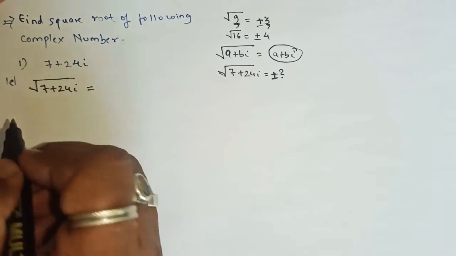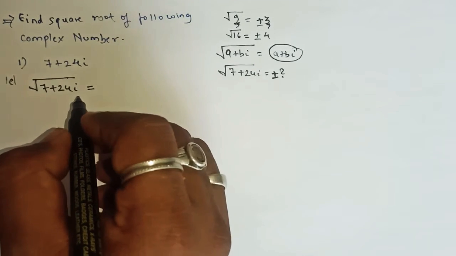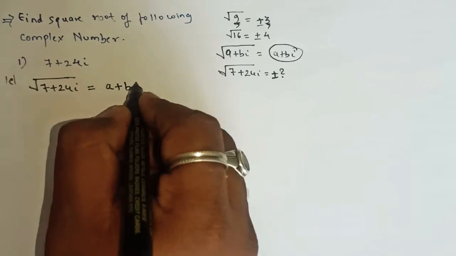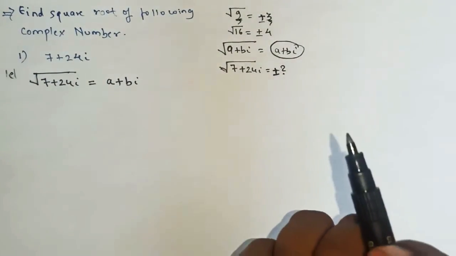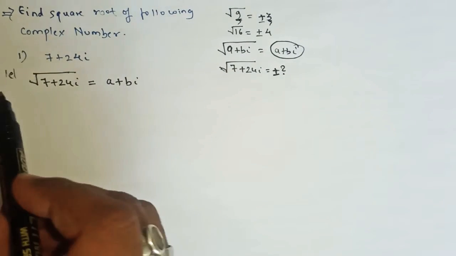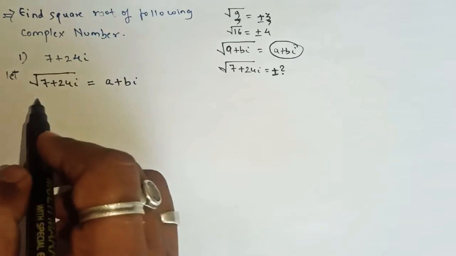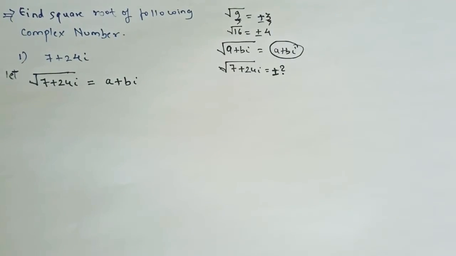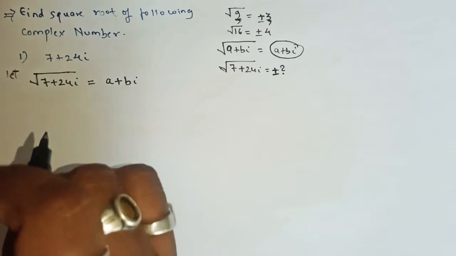In the first step you write: let square root of 7 plus 24i be equal to a plus bi, because we know that a complex number's answer will be in terms of a complex number only, yes or no. For each and every sum you will start by writing: let square root of that particular number equal a plus bi. That is step number one for each and every sum.